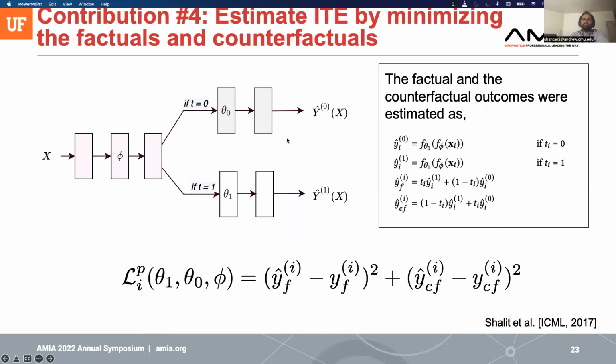In this TARNet model, from the 2 potential outcomes, we first estimate the factual and the counterfactual outcome, and then we minimize the loss function using both the factual and the counterfactual outcomes. Now here, theta1 and theta0 are the parameters of the outcome-specific neural networks, and phi denotes the parameters of the shared network of the TARNet model.